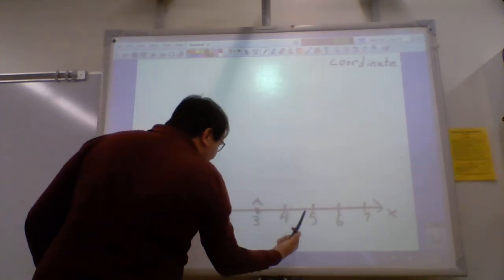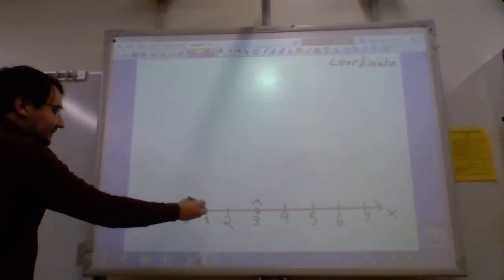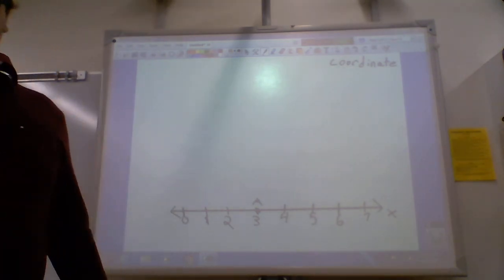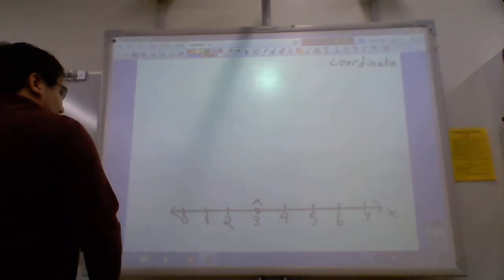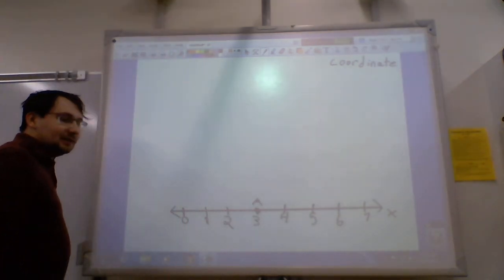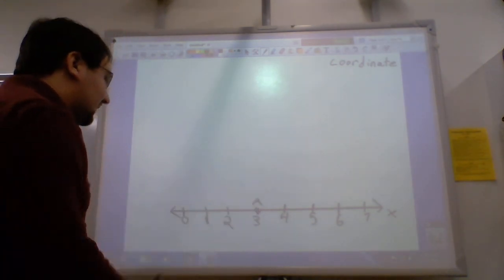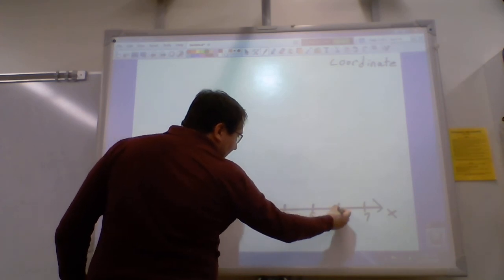The fact that its coordinate is 3 means that it's going to be 3 away from our origin. Our origin is going to be 0. So our coordinate here is 3. If I were to make another point, I were to put that point right about here.